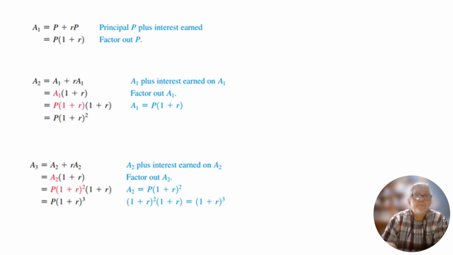So what I have indicated here is that at the end of the first year, this is compound interest that's compounded yearly. So at the end of the first year, on December 31st, let's say, the amount in the account, the bank balance, will be whatever the principal is plus the interest earned.